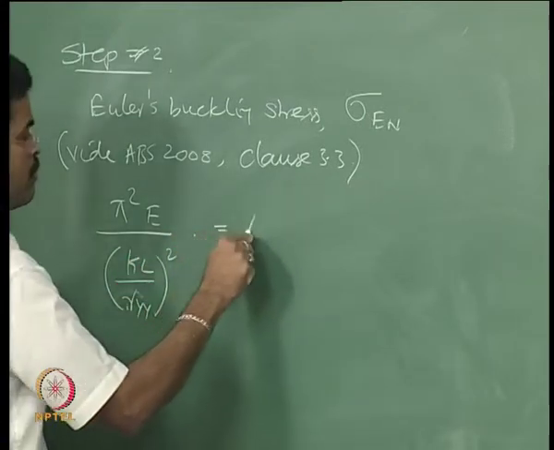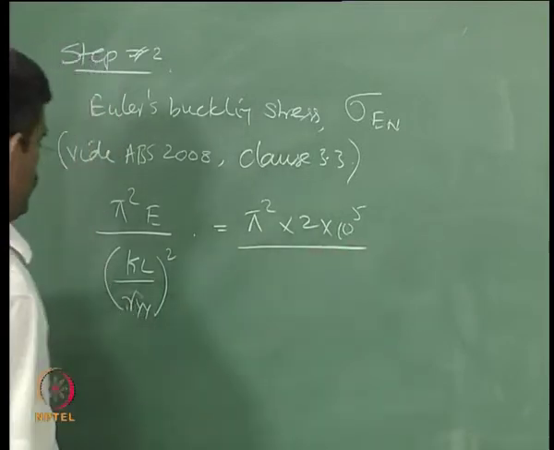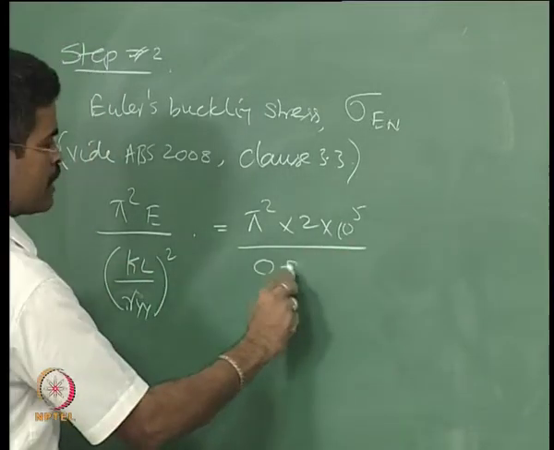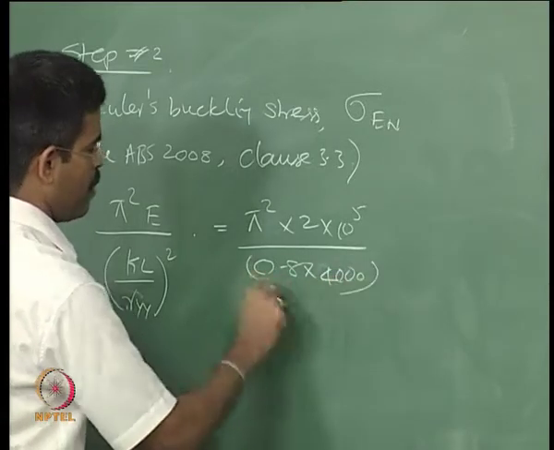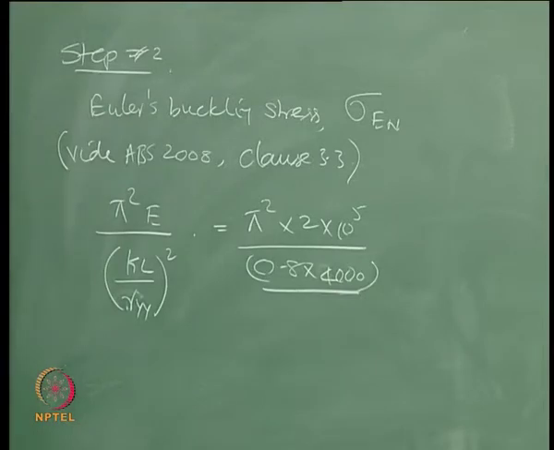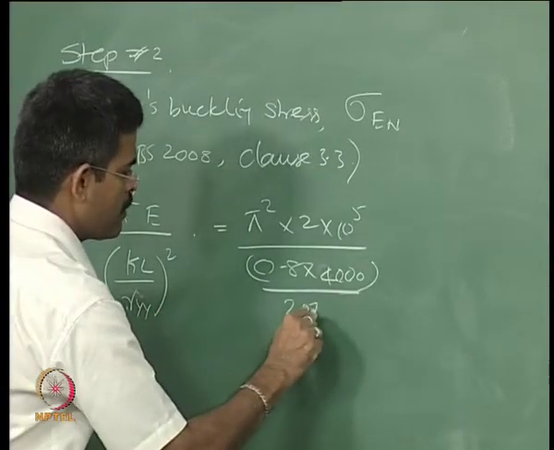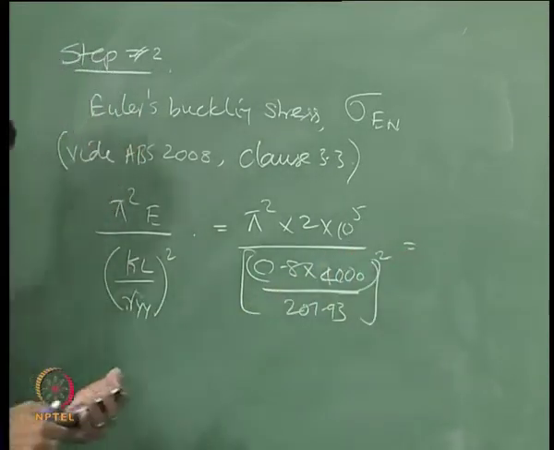So, now pi square into 2 into 10 power 5 by KL, already we said it is 0.8 of 4000, divided by r, and we already have 207.93, the square value of this.